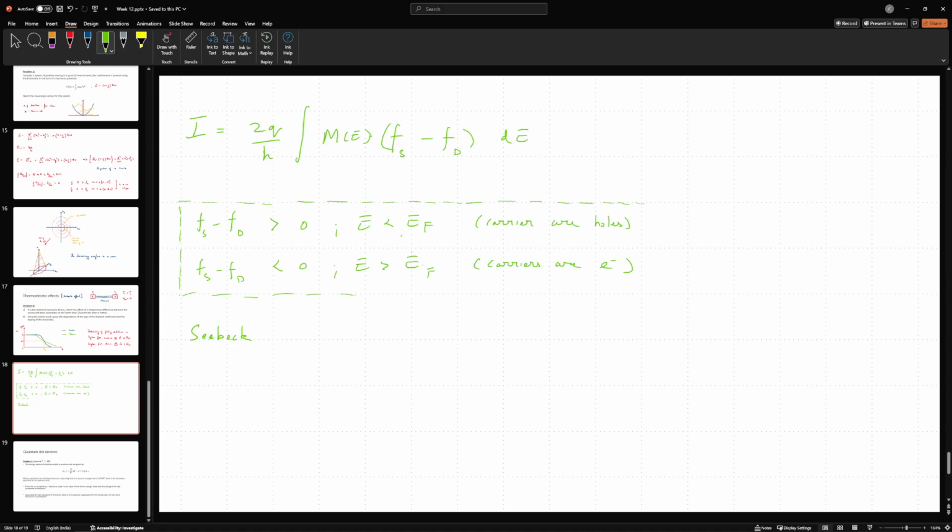And that is the Seebeck current, the thermoelectric current. So this is the Seebeck effect. And the Seebeck effect is positive if the holes are the majority carriers. So that is positive for p-type materials. And it is negative for n-type materials.